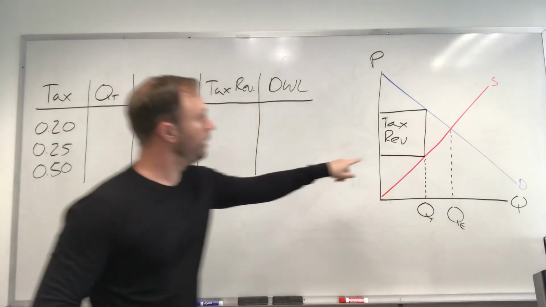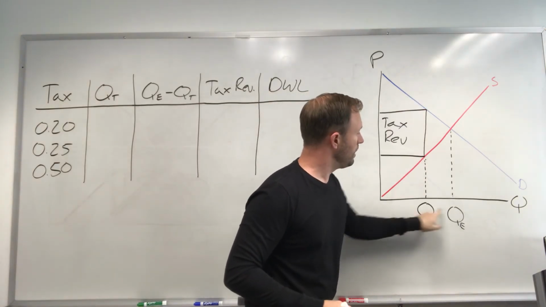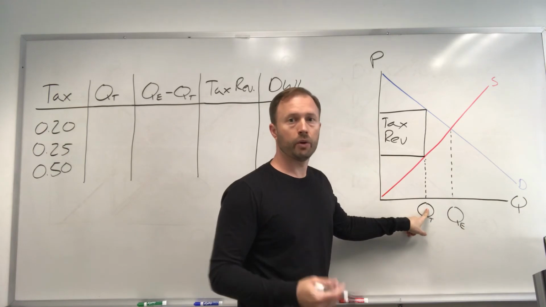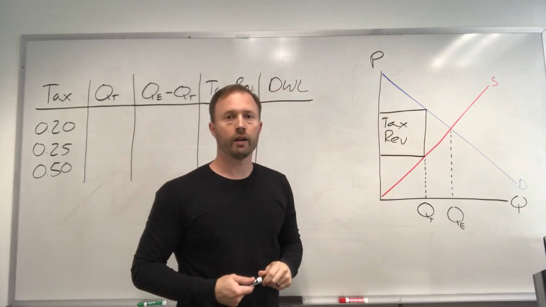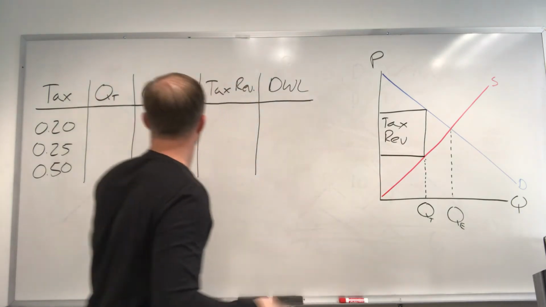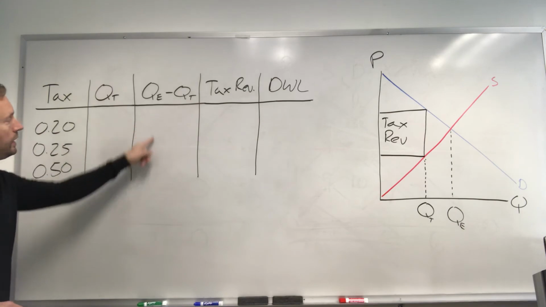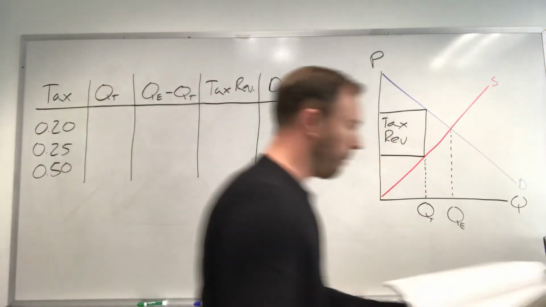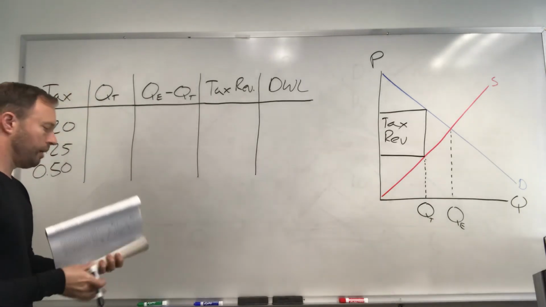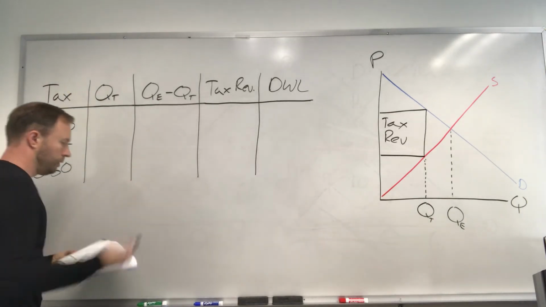And then the deadweight loss is the tax per unit times QE minus QT, the number of reduced trades, divided by 2 because we're calculating the area of a triangle. So we've already got the tax per unit, now I need to fill in QT and QE minus QT. Remember that they just straight up give us the number of reductions here.